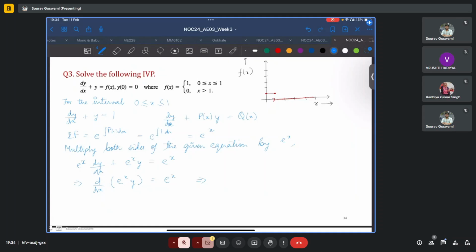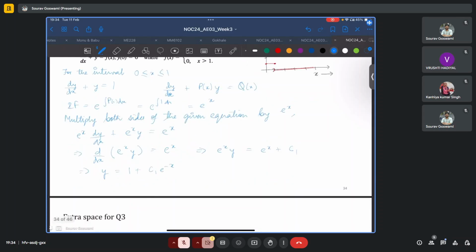If you integrate both sides with respect to x, we get e power x y equals e power x plus some constant c1, and if we divide both sides by e power x, we have y equals 1 plus c1 e power minus x.